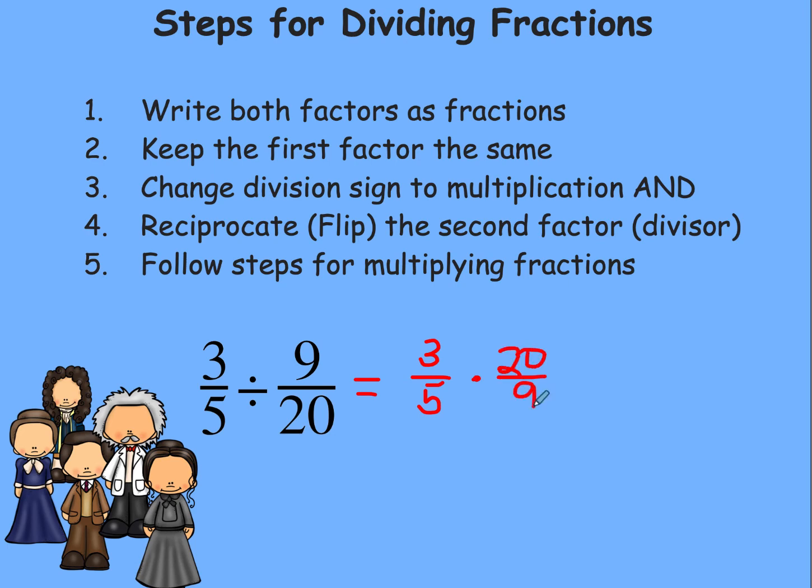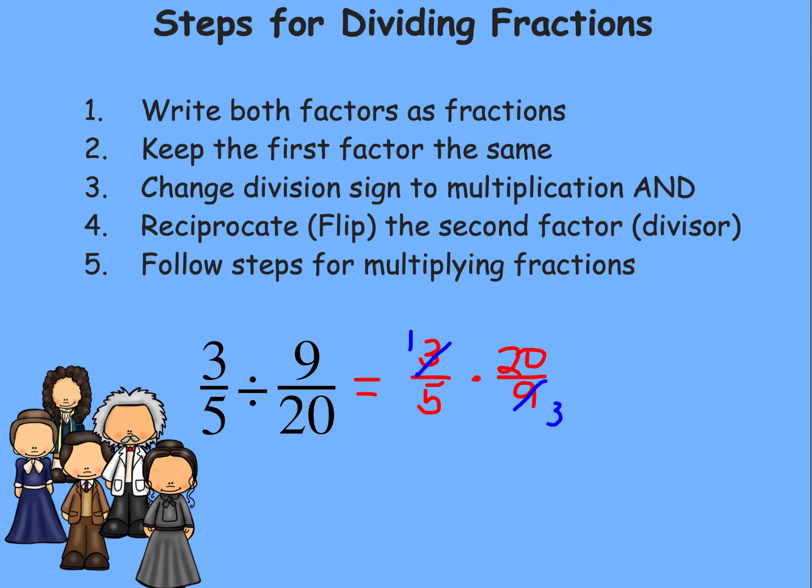Then we're going to follow the steps for multiplying fractions. So first I'm going to look for a common factor. So I see that 3 divided by 3 is 1, and 9 divided by 3 is 3. So 3 and 9 have a common factor of 3. Then I look diagonally at 5 and 20, and I notice they're both divisible by 5. 5 divided by 5 is 1.